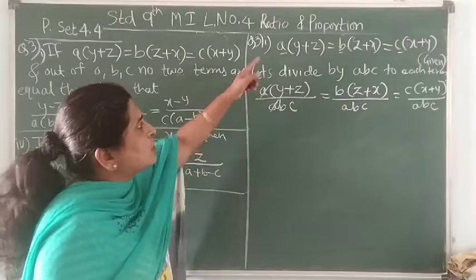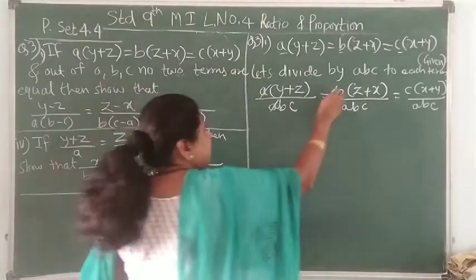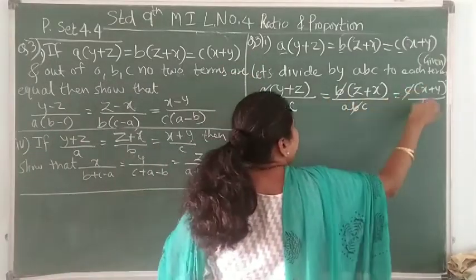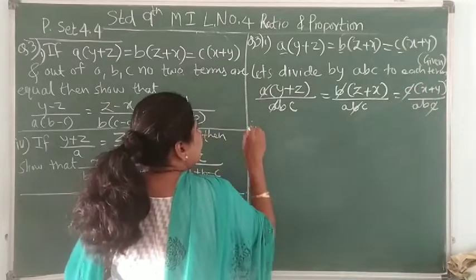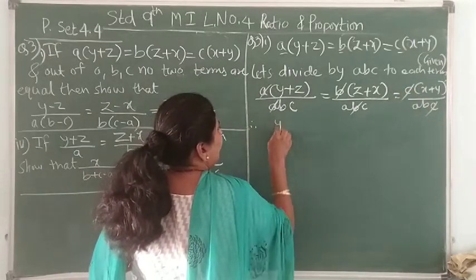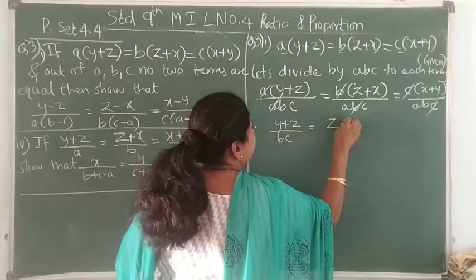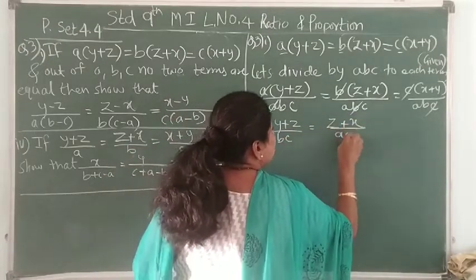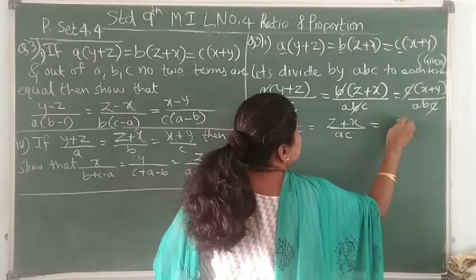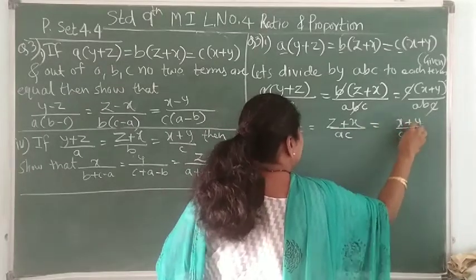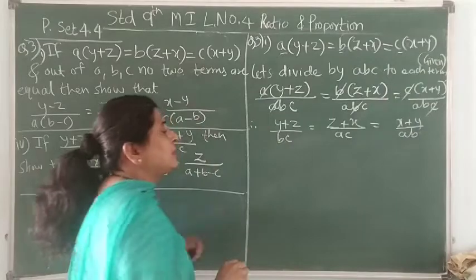As we thought, we divided by A, so this A has gone from the numerator. Here this B has gone and here that C has gone. That's why we have got the ratios (y + z)/BC = (z + x)/AC = (x + y)/AB.